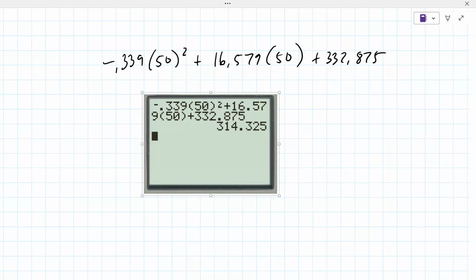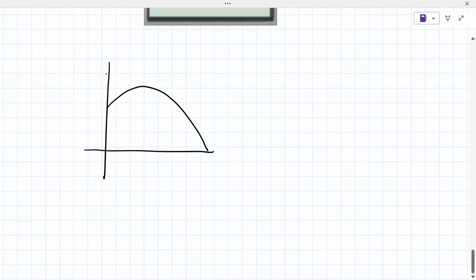All right, so the next thing is where it's increasing and decreasing. So what you really need is the vertex. Could you calculate the vertex for us, please? Yes. So I'd go back to graph, second calc, maximum.